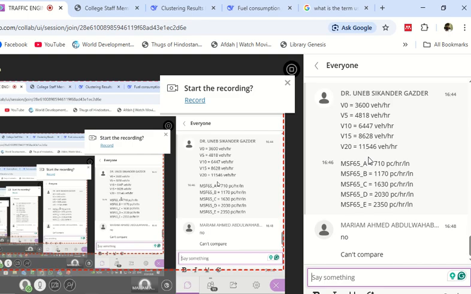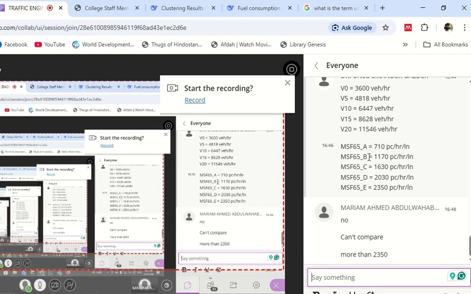The answer is correct. We should not compare, but the reason is... You are saying more than 2350 because you compared, right? When you say this is more than this, you do it after comparison, so you already compared.